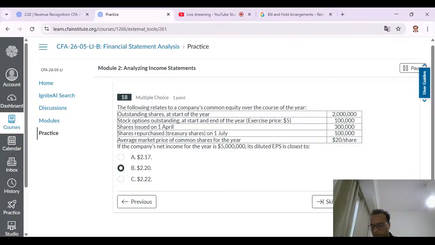So it will be 2 plus 0.1 minus 0.025 plus 0.3 minus 0.1 equals 2.275. So let's do 5 divided by 2.275, which should be equal to 2.19. So 2.20 is the closest.